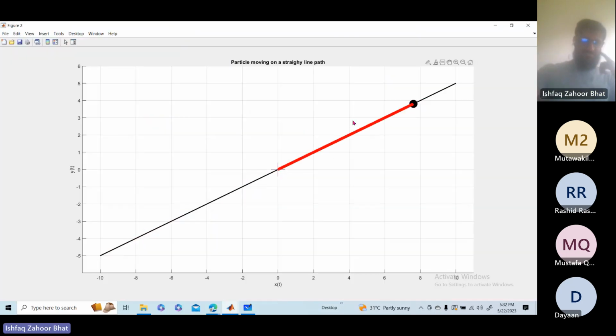Yeah, you can see it is oscillating. A nice animation.